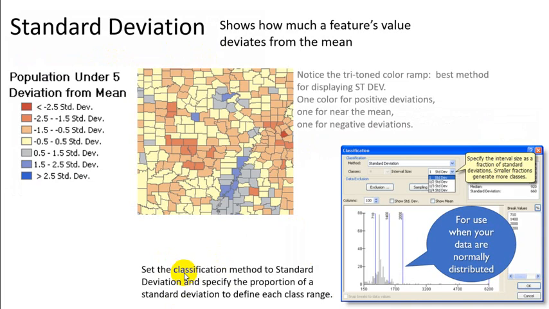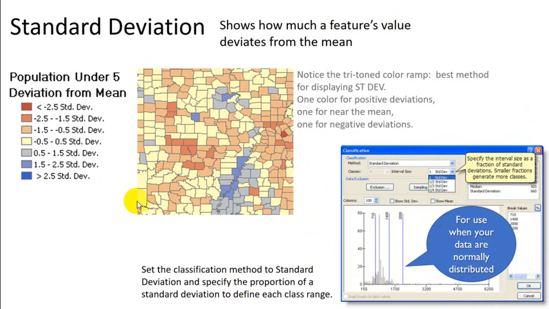Okay, this is another interesting way to classify, using standard deviation. It helps illustrate how far away a feature's value is from the mean. And this is just another option that you can choose when you're setting up your classification in ArcGIS. Beware, this is for normal distributions of data, so you should definitely look at the histogram which Arc gives you and only apply this when you've got a somewhat normal distribution.